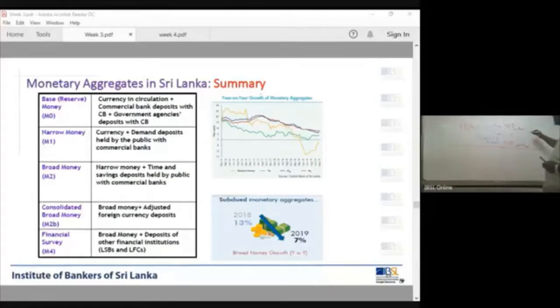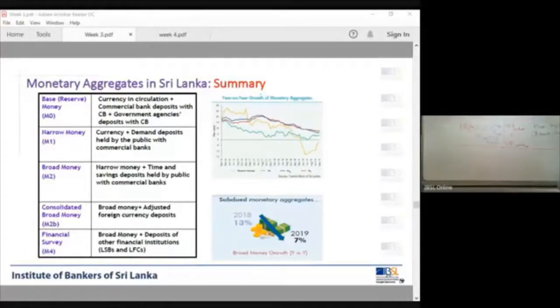What do we have? Foreign currency buying and selling. Central bank foreign currency buying and selling. Second factor, central bank loans to government. How does the central bank give loans to the government?